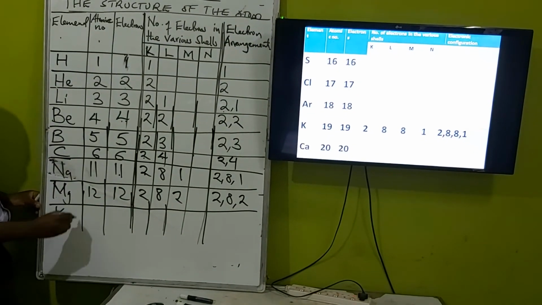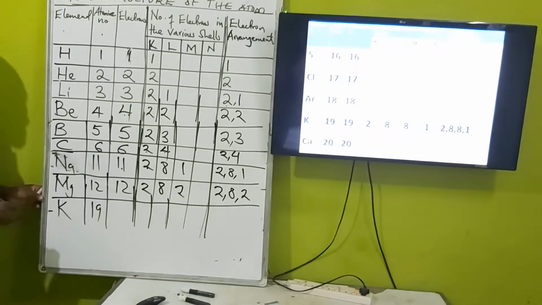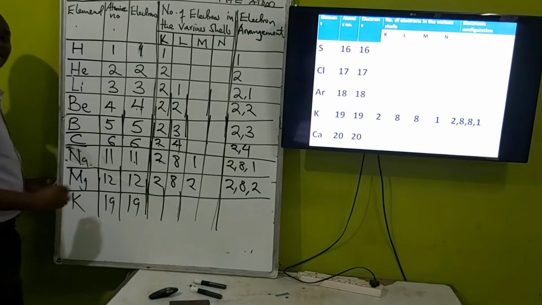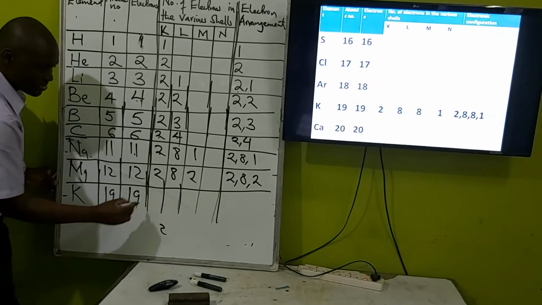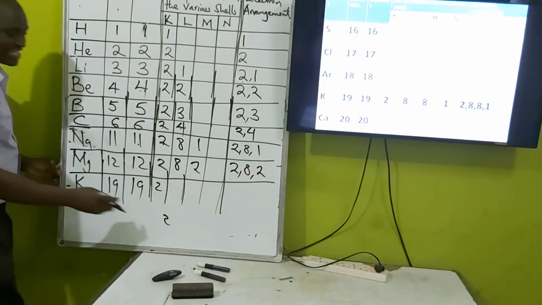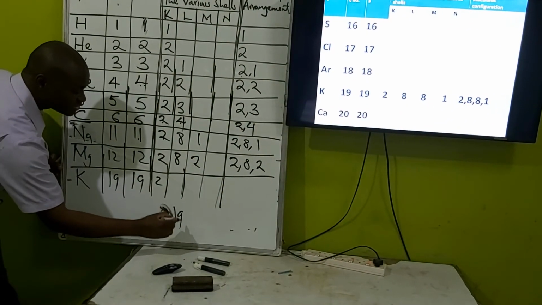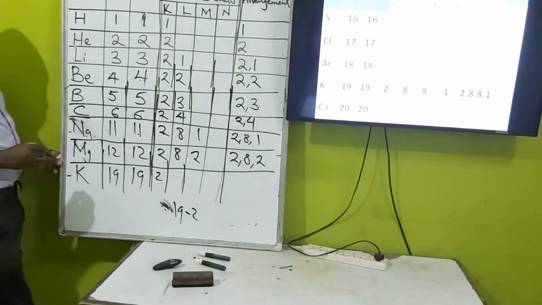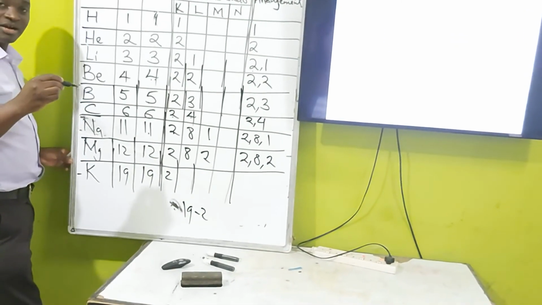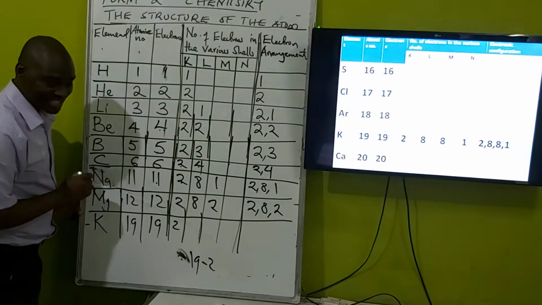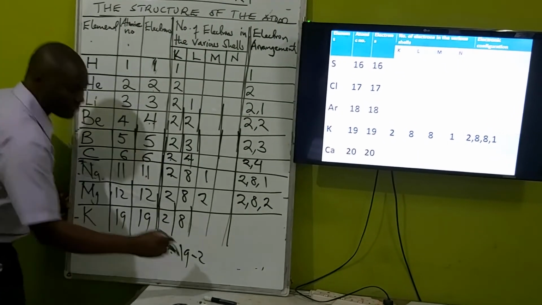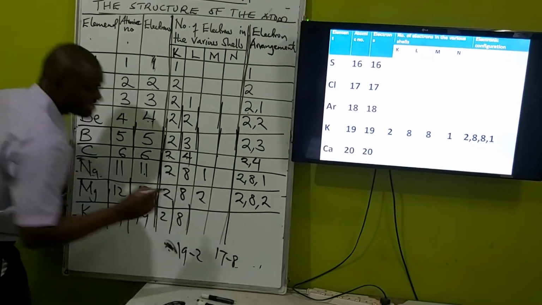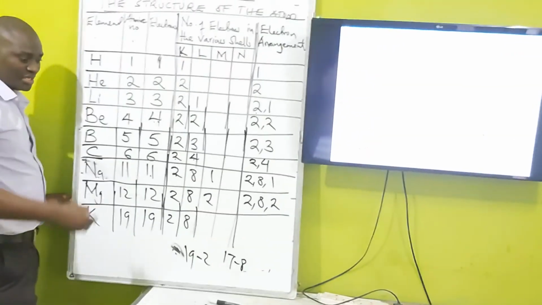Now, when we come to potassium, I'm going to work out the one for potassium. Potassium is number 19. How many electrons? 19 electrons. So the first 2 electrons will move to the first energy level. We have subtracted 2, but we still have how many? 17. The second energy level will take 8. So from 17, we subtract 8, we remain with 11.